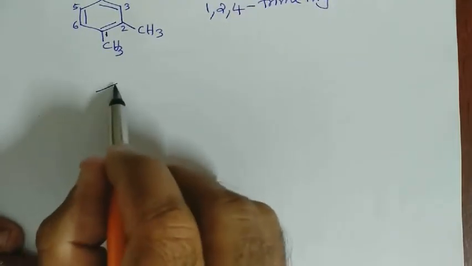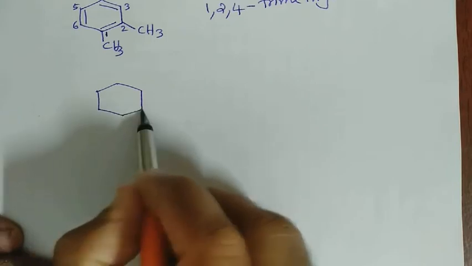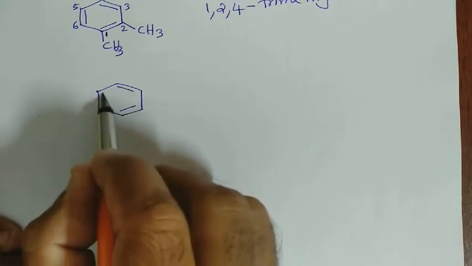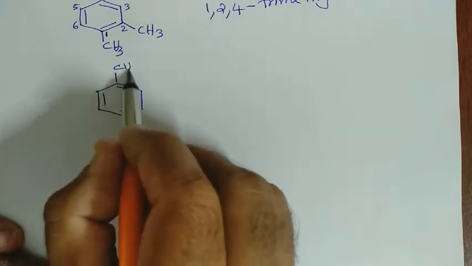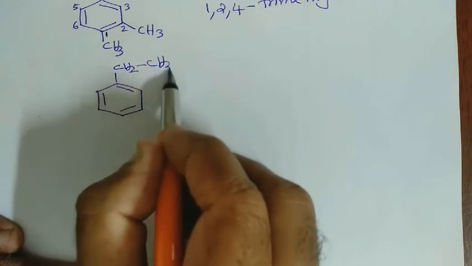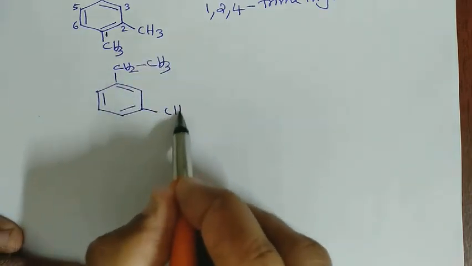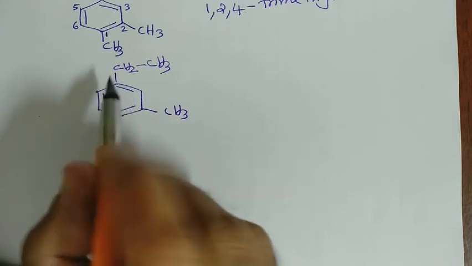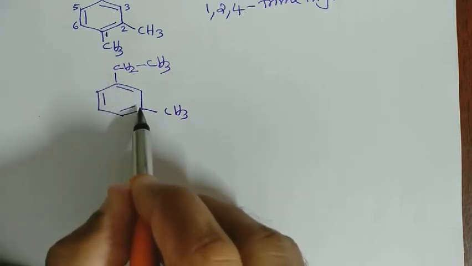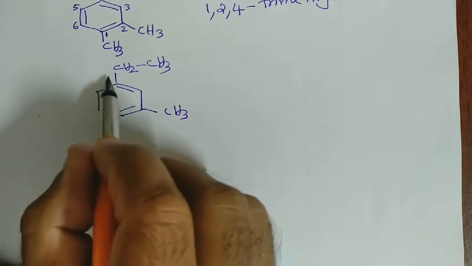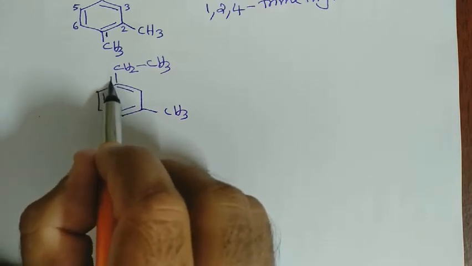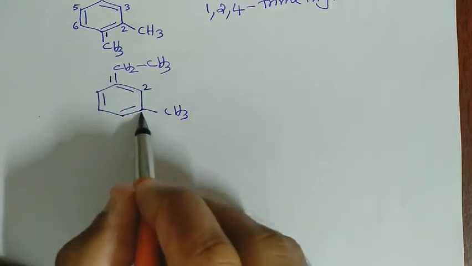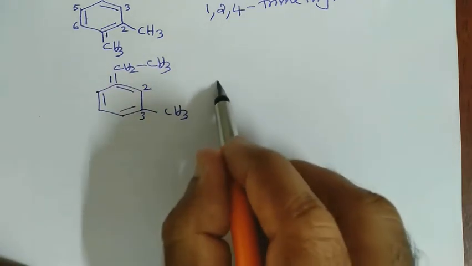If the lowest sets of locants are identical, then alphabetical order is followed. For example, this compound has locants at the 1 and 3rd position. Hence, alphabetical order is followed. Ethyl comes first in alphabetical order.